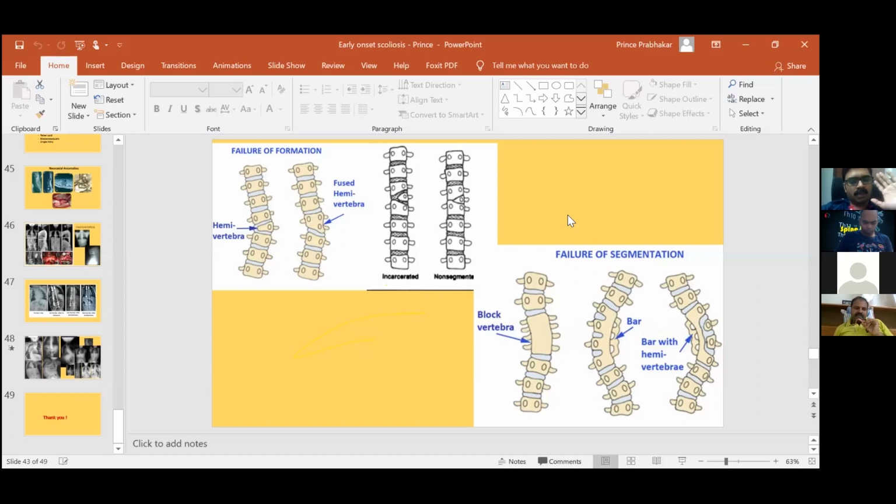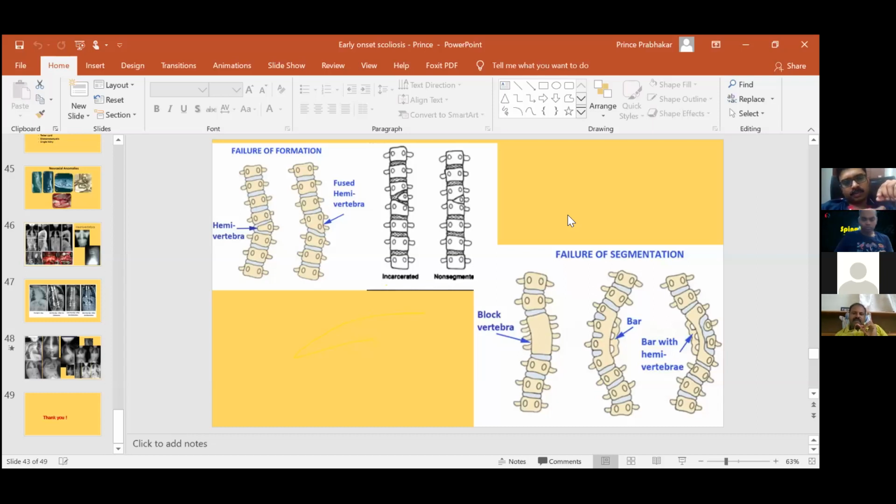Yeah, these curves are very flexible, and the magnitude of the curve will be great, like 80, 90 degrees. But once you put the rods and the submuscular wires and pull it, it comes to almost 10 degrees. So that much correction is obtained. But the only thing is, these children don't have much growth potential.